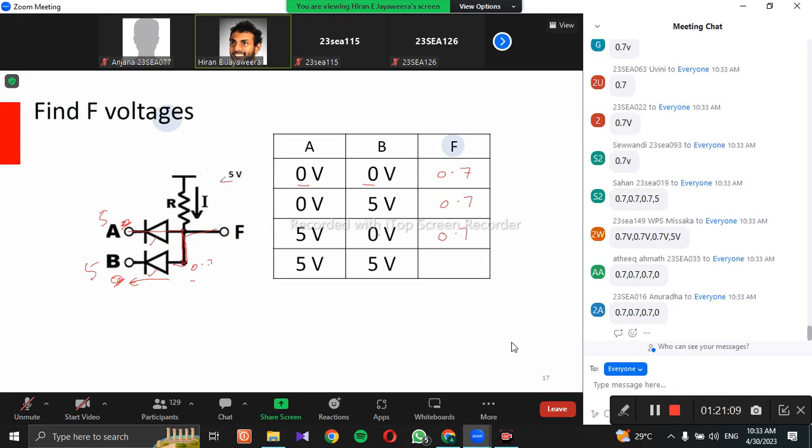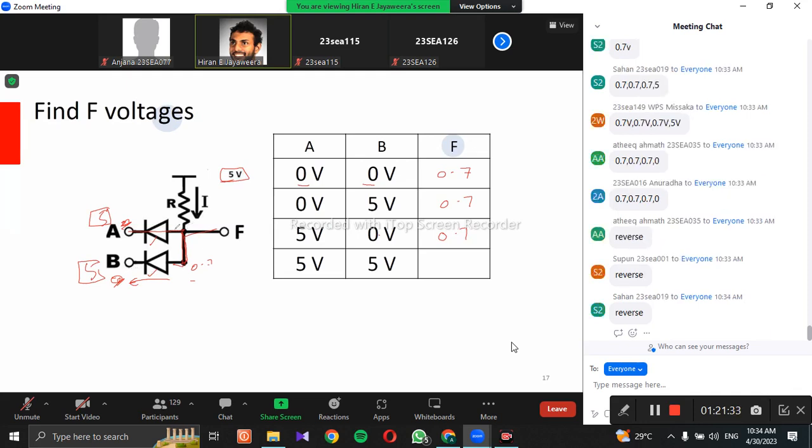Now you have 5 volts here, 5 volts here, 5 volts here. What's the biasing of diode A? Yeah, you can say it is reverse bias. It's zero bias, but a zero bias situation you can consider as reverse bias, right? Diode B is also reverse biased. So in that case, you are not draining any current, right?